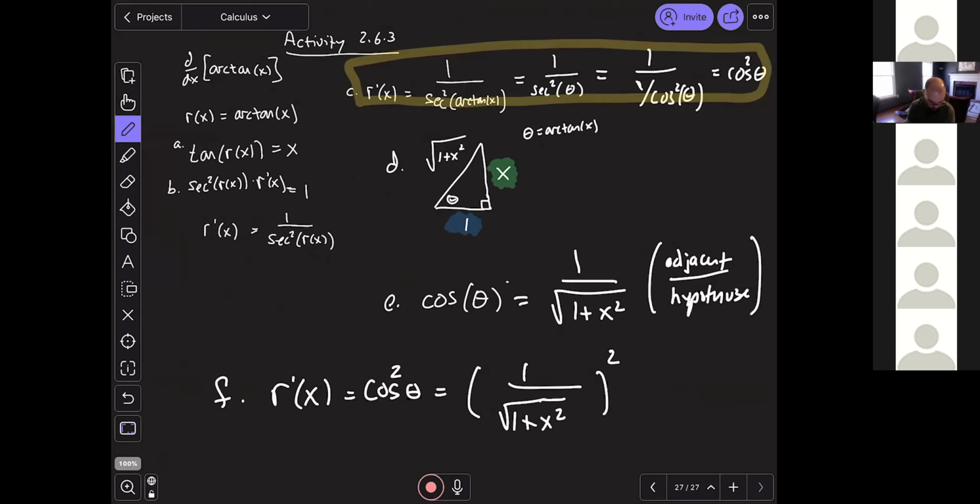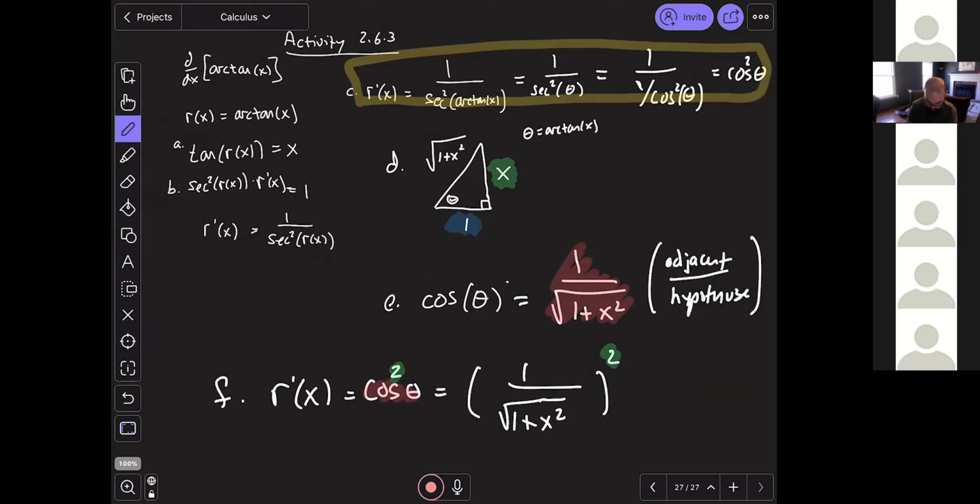So we took our cosine of theta from above. Let's do red highlighter. We took this and plugged it in for our cosine, and this squared right here is this squared over here.